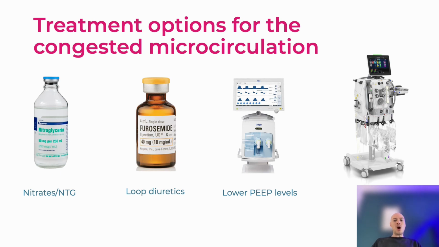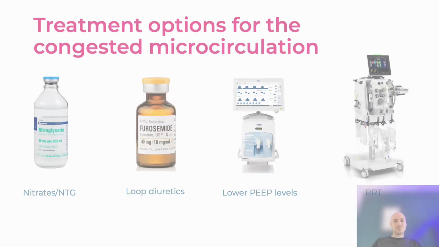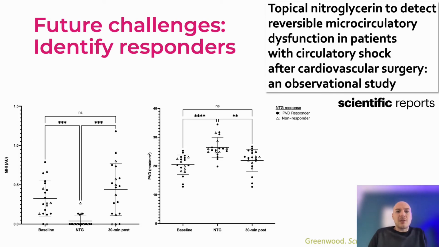So there are some options to treat the congested microcirculation: nitrates, loop diuretics, lower PEEP levels, or renal replacement therapy. Which is best really depends on the clinical setting. Future challenges in managing microcirculatory venous congestion will be to readily identify the responders.